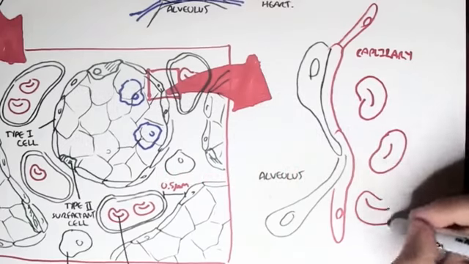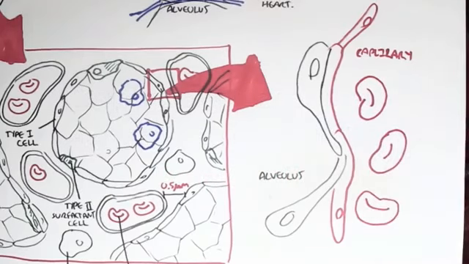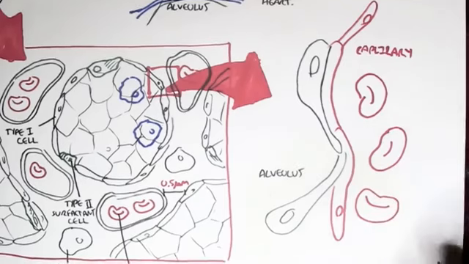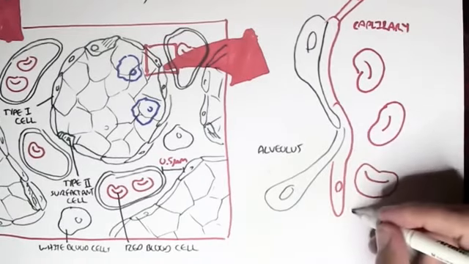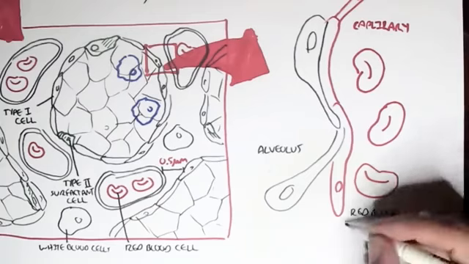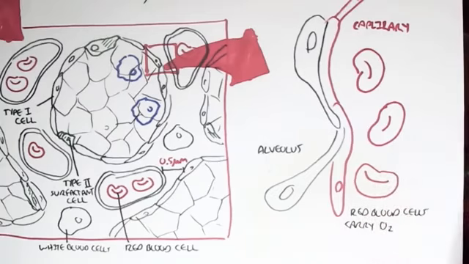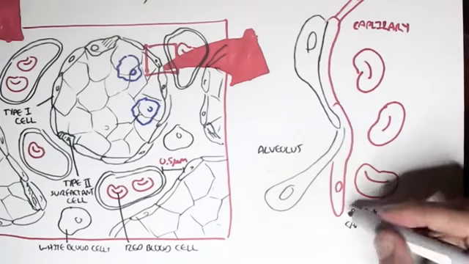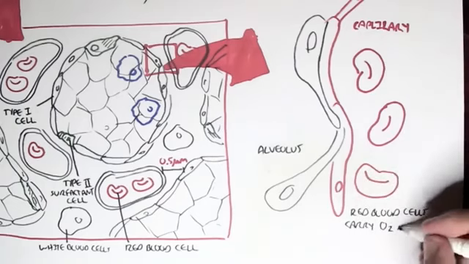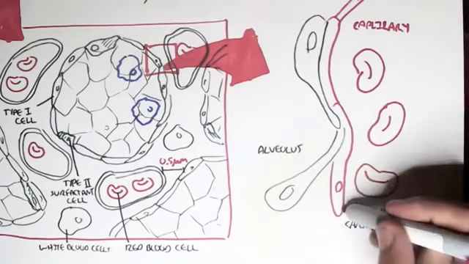Carbon dioxide also requires red blood cells in order to travel around the body, but only so that the red blood cells can convert carbon dioxide into what's called bicarbonate, and carbon dioxide therefore travels throughout the body through a chemical known as bicarbonate.